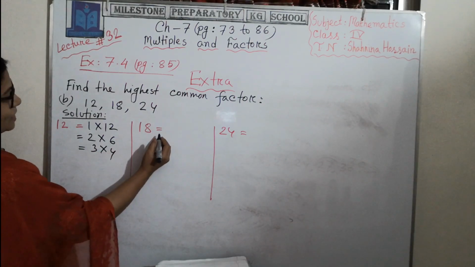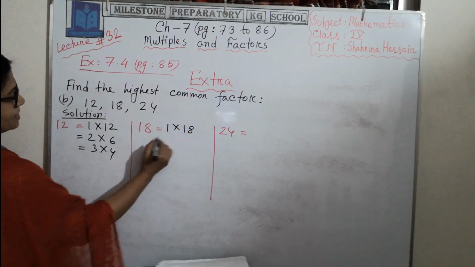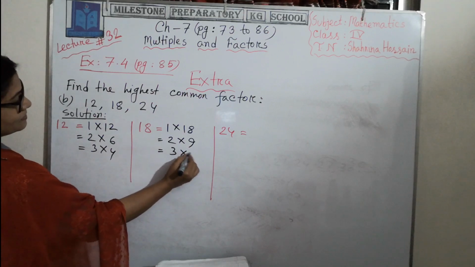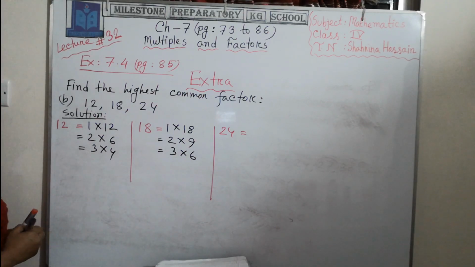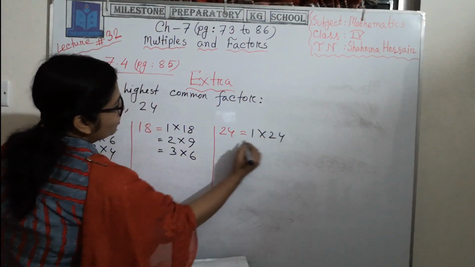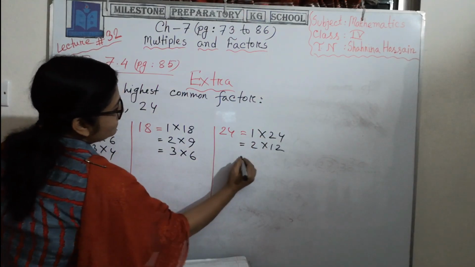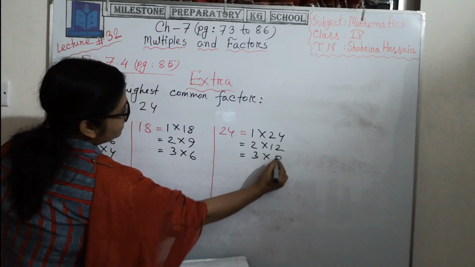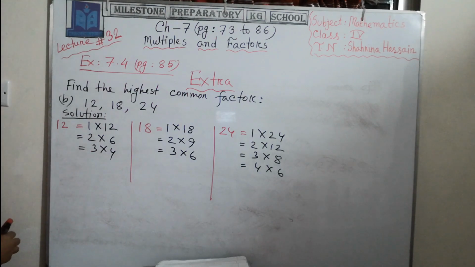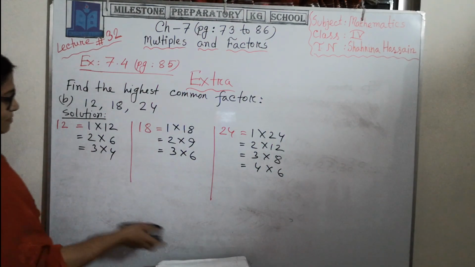Enough. Now 18 ones are 18, 9 2s are 18, 3 6s are 18. Can I find more? No. Now 24, 1 24, 2 12, then 3 8, then 4 6. Hope so, I got all the factors of these 3 numbers.